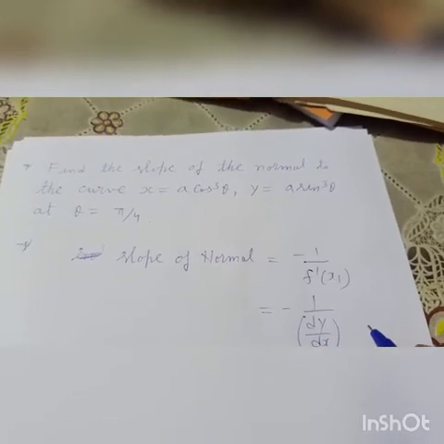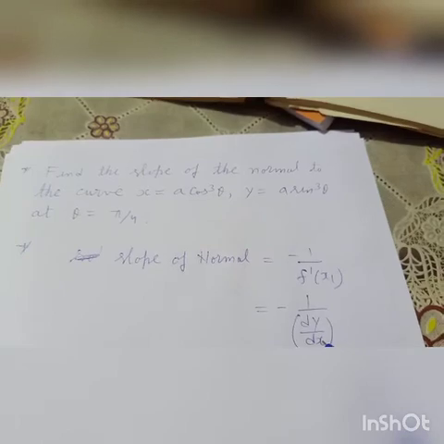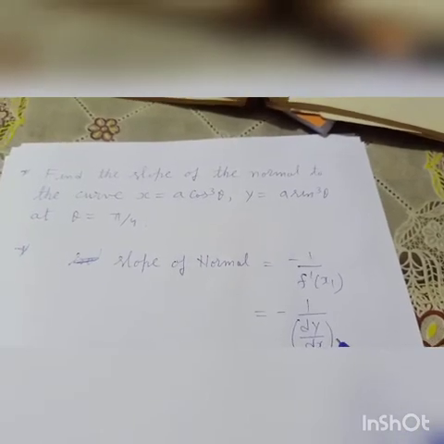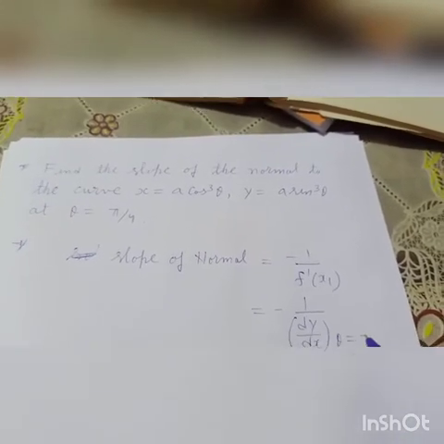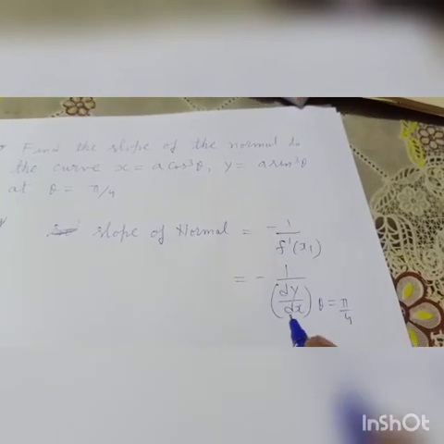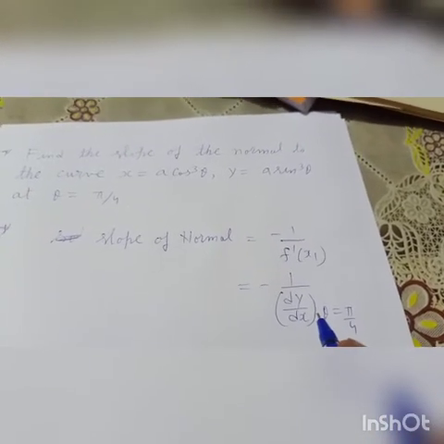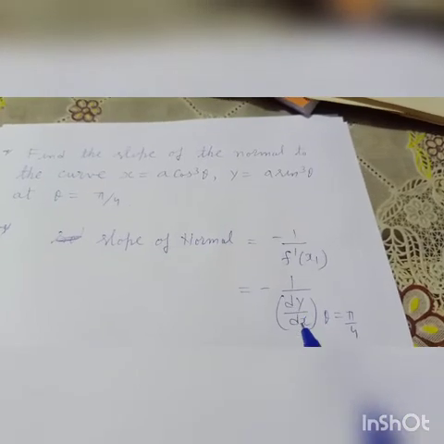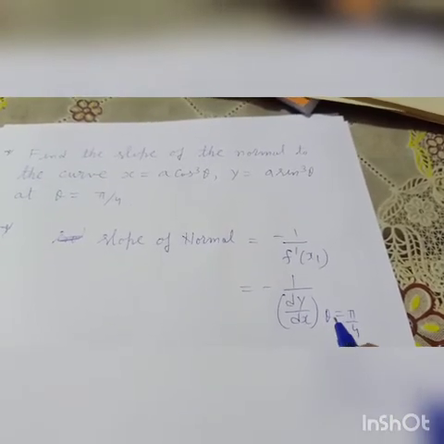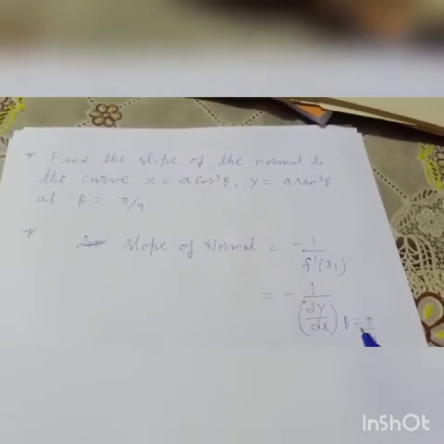Here dy by dx will be found in terms of theta. So the point is theta equal to pi by 4. So we have to calculate dy by dx, then we will put the value of theta.